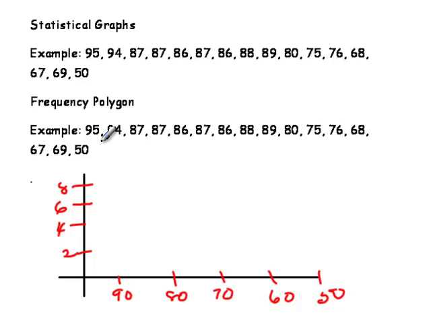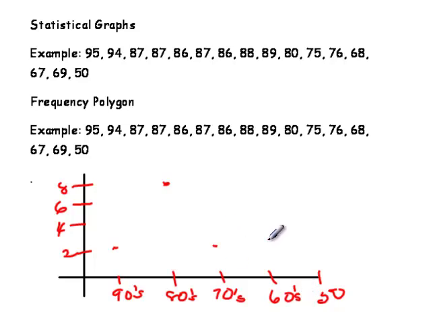We place a dot at the 90s at 2, because that represents all the scores in the 90s. The number of scores in the 80s is 8. The number of scores in the 70s is 2. The number of scores in the 60s is 3.